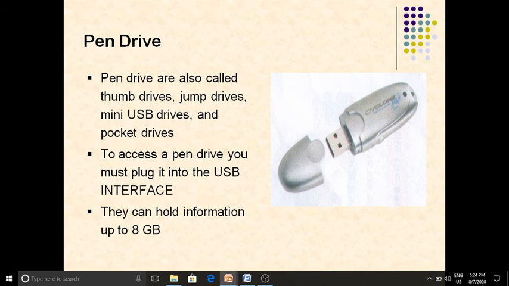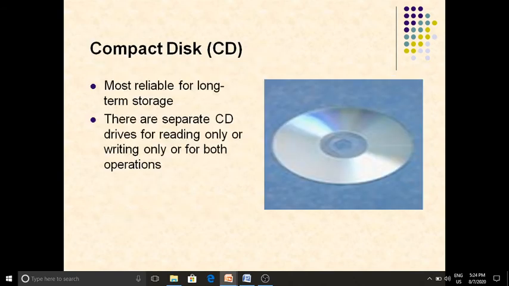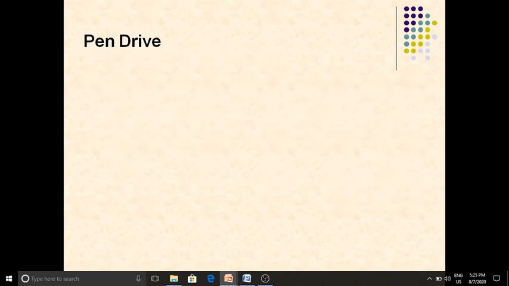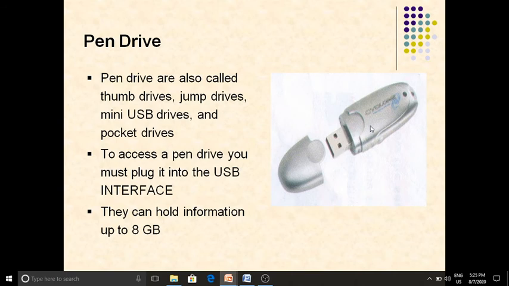Okay students, a pen drive can hold data up to 8 gigabytes, which is more than a DVD. Here you can see the picture of a pen drive in this slide. To store more data than a DVD, we use pen drives, which can store data up to 8 gigabytes.